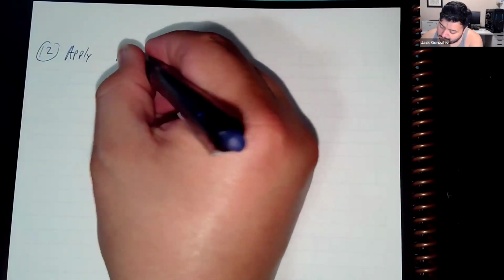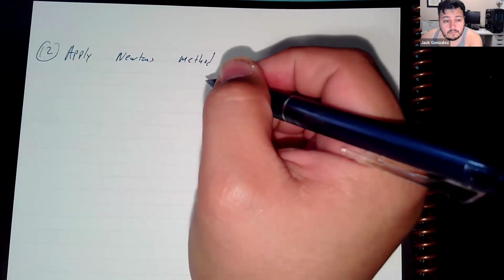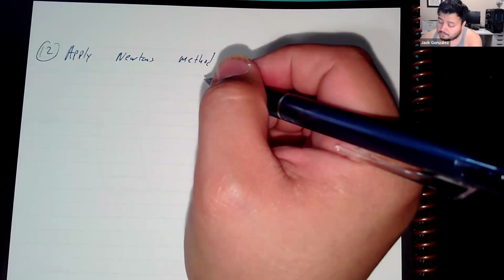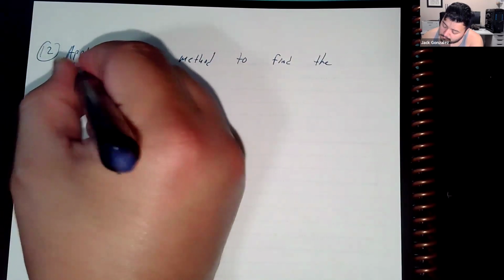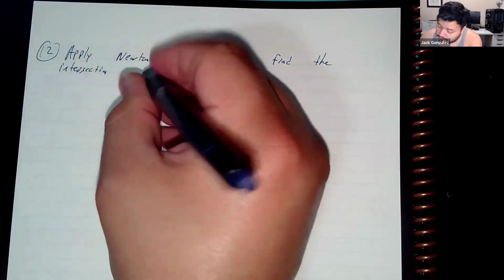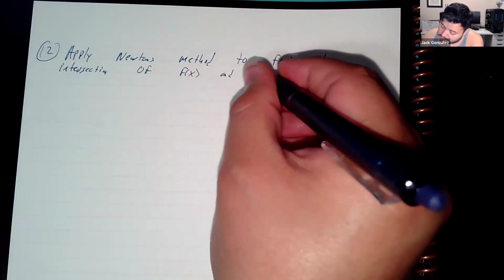Number 12 is Newton's method. To find the intersection of f of x and g of x.